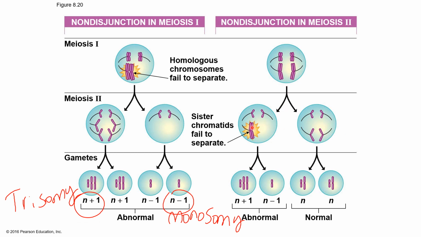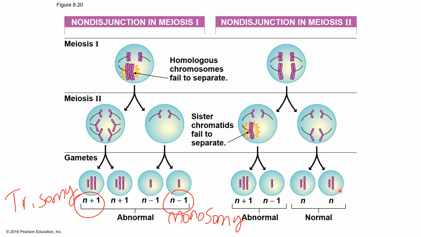But then during the second division, when you were supposed to split your sister chromatids apart, this is where things have gone wrong, and your spindle fiber again tore, and the sister chromatids again failed to separate. Same thing, you can end up with gametes that are trisomy, and you can end up with gametes that are monosomy, and in this case you can also end up with gametes that are absolutely normal.